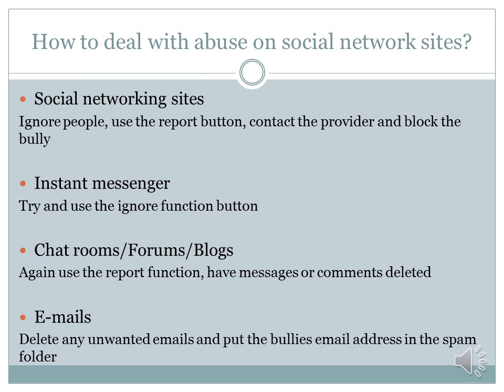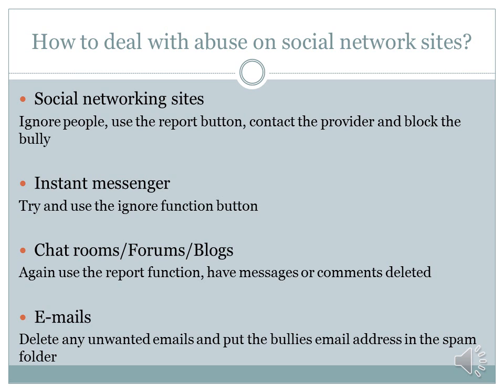So, how to deal with abuse on social networking sites. On social networking sites such as Facebook and Twitter, firstly you could ignore people. You could use the report button, you can contact the provider and block the bully, so there is always a report abuse option on most of these sites.